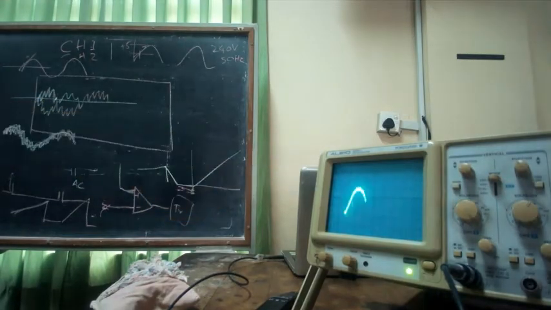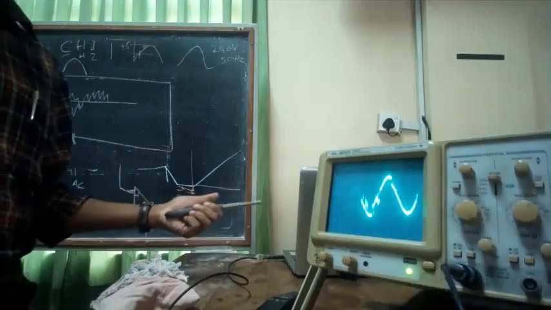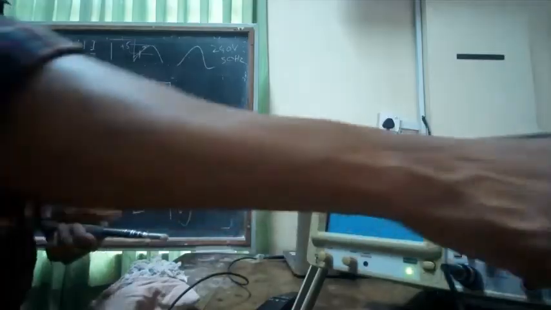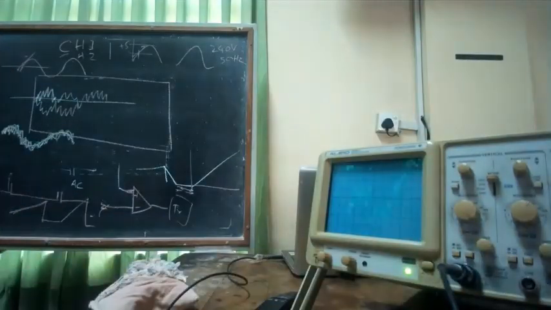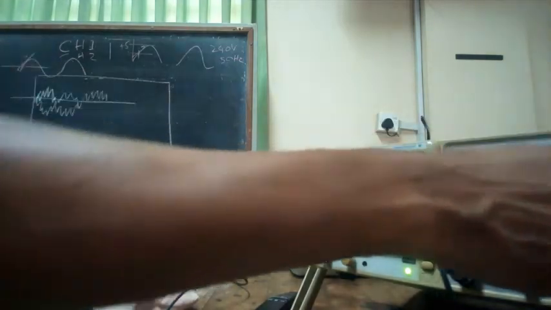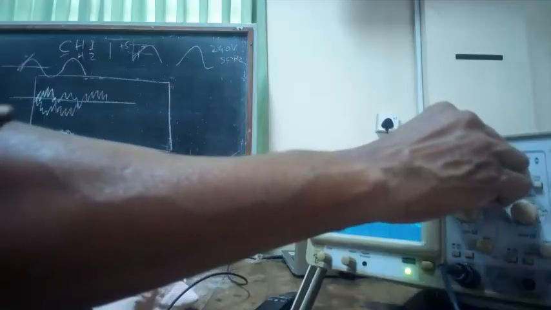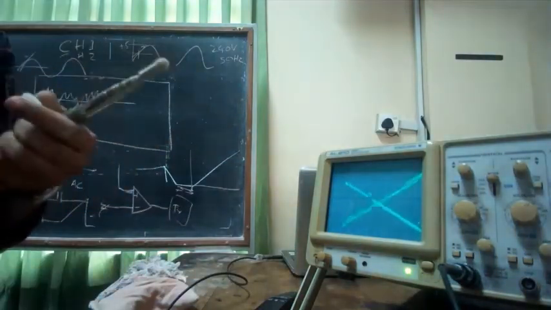This is a thick line not because the signal is thick, but because you have multiple lines appearing on the same signal. So if I increase this, you see different lines appearing. See, different lines appearing, you can physically see.